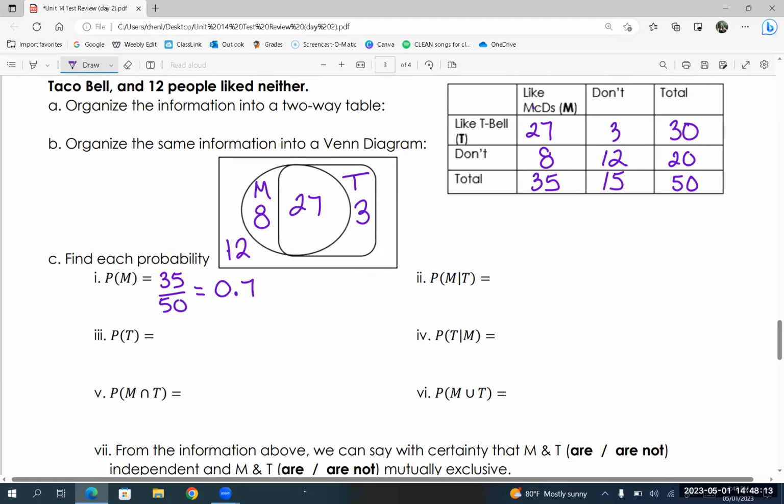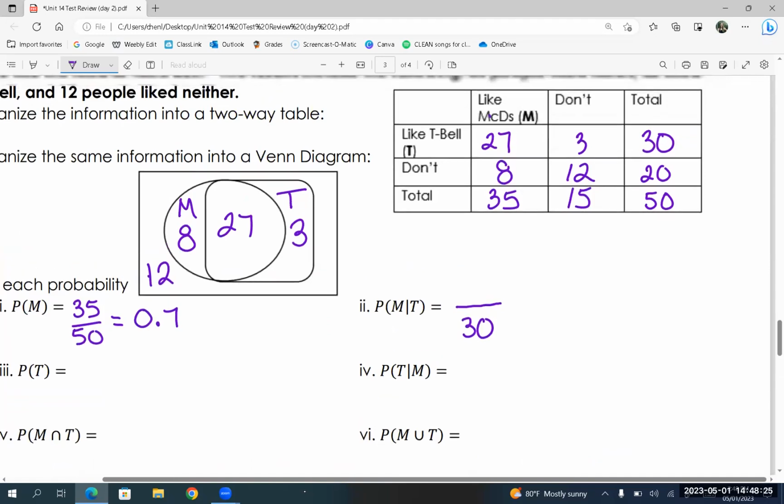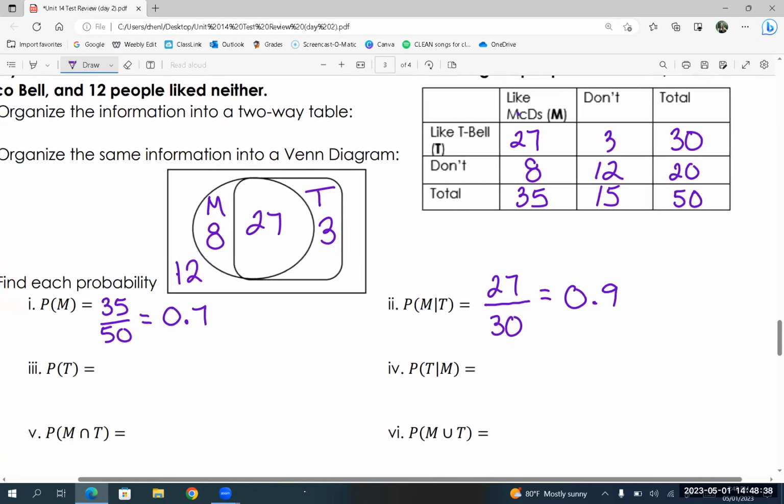Next question, the probability that they like McDonald's given they like Taco Bell. How many total people like Taco Bell? There were 30. Of those 30 people who like Taco Bell, just looking at this top row, 27 of them also liked McDonald's. So that would be equal to 0.9. Okay, number 3, the probability that they like Taco Bell.